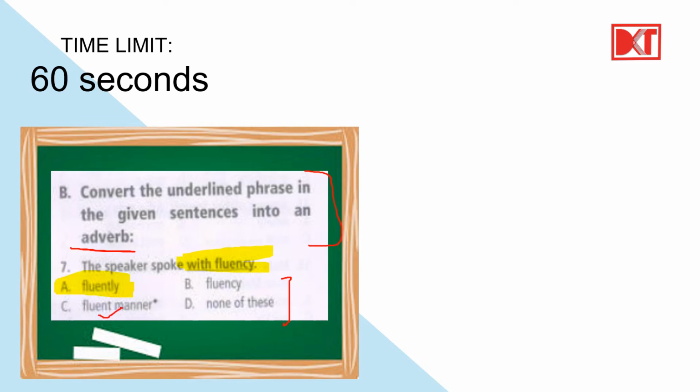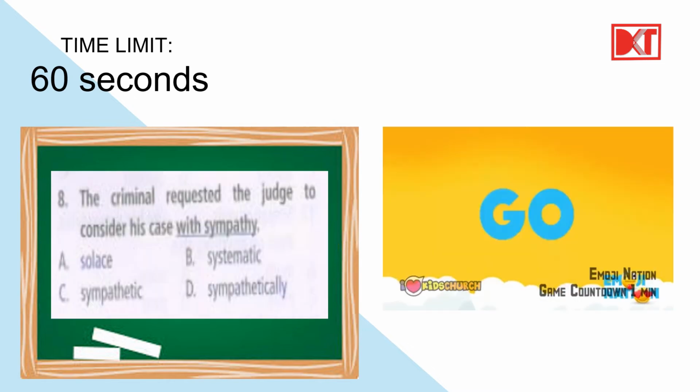But you see here, if we did not have to choose an adverb, we could have chosen in a fluent manner. The speaker spoke in a fluent manner. Alright. But here we had to choose an adverb, and the adverb here is A, fluently. B, fluency, this is a noun. Okay. The speaker spoke fluently.